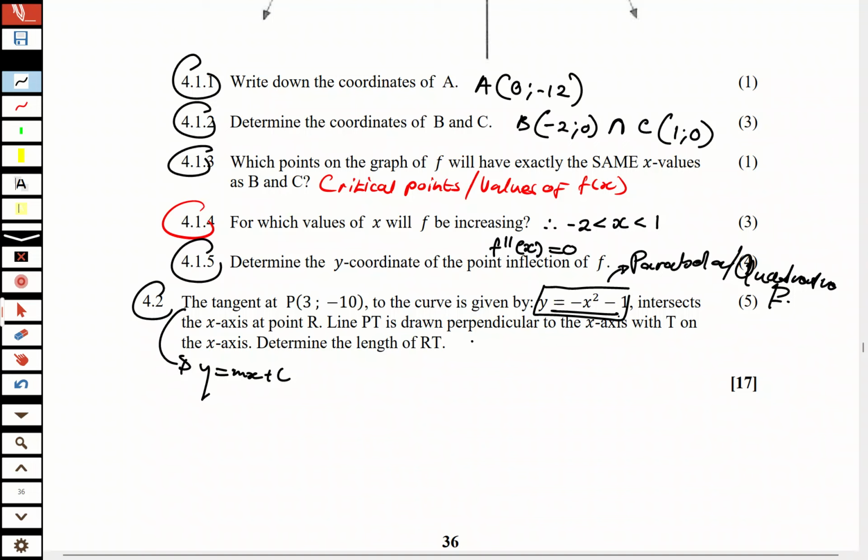But if you're too smart, you will not agree that this is a tangent, because now this is not the tangent, it's actually a parabola.